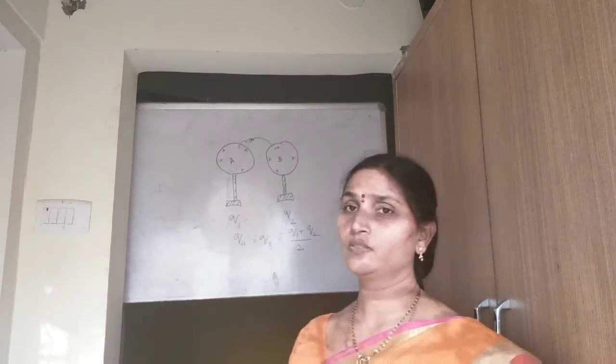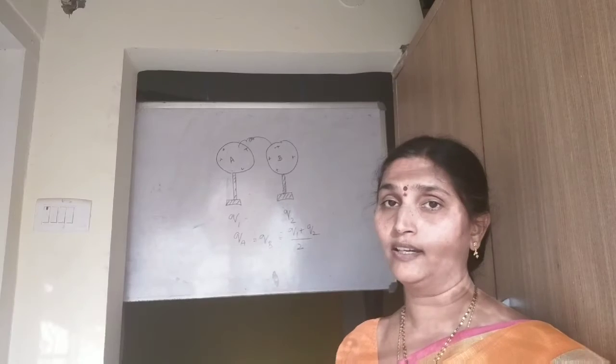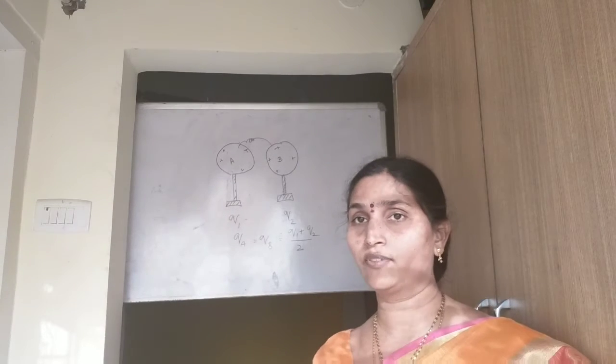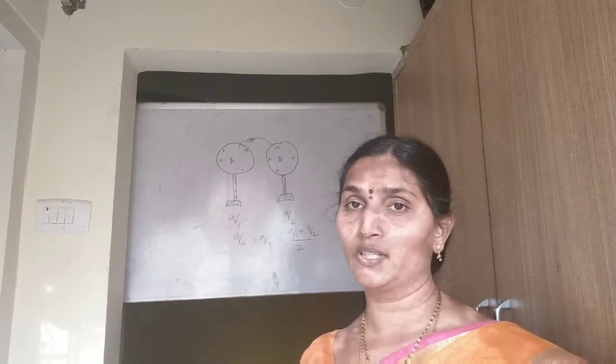So if the second body is uncharged and the first body is given a charge Q1, charge is equally distributed if sizes are equal.